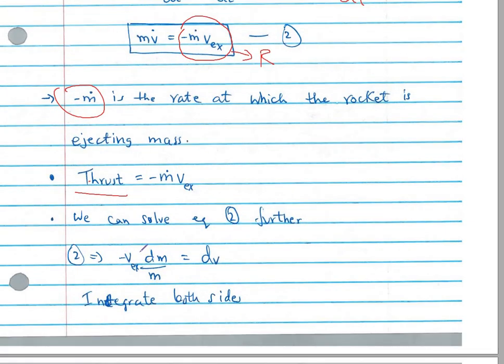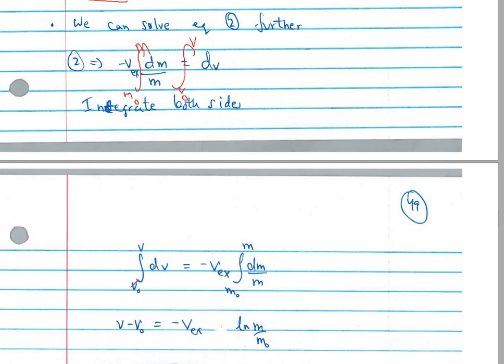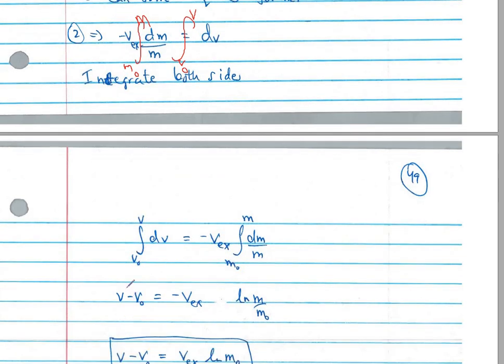So we have a differential equation that we can further simplify by integrating. Let's integrate this equation from some initial mass m naught to m, and from some initial velocity v naught to v. When you integrate this, I'm just flipping over the equation, you get v minus v naught, which is just the integral of dv.